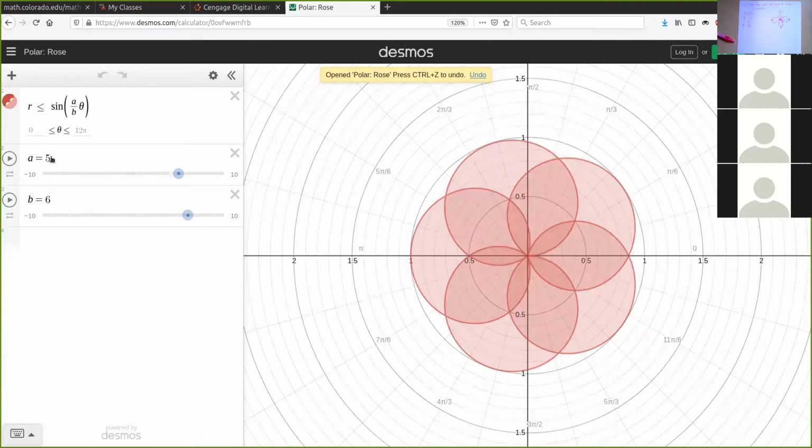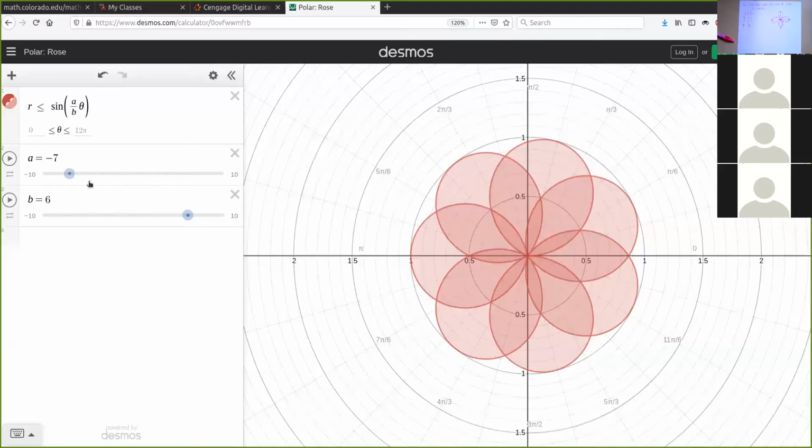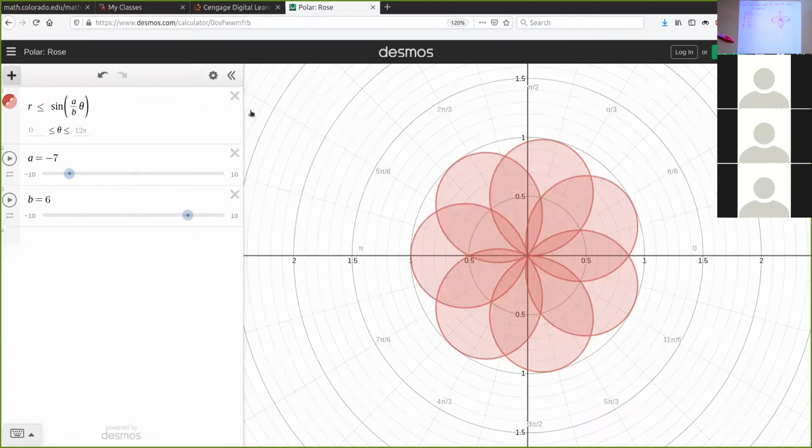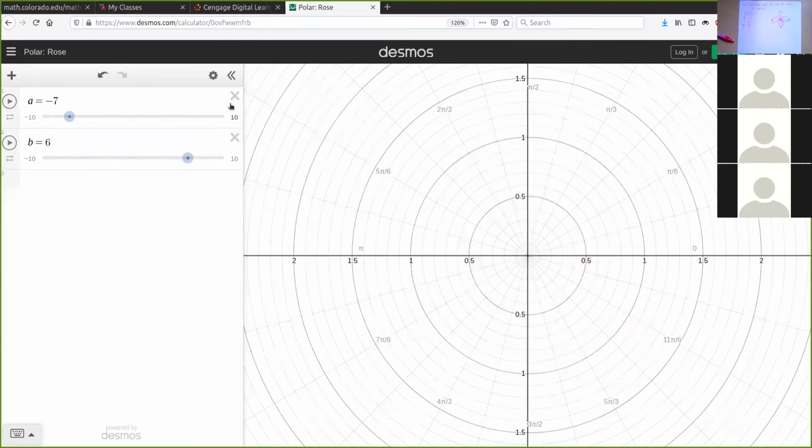And they give you an A over B, and then they give you this slide ruler where you can change the value of your A and B. It would be helpful if there's some sort of way to trace the curve. And I don't know if there's some way to do that, or if any of you guys know. It might be something worth playing around with. Let's close this and go back to our other graph.